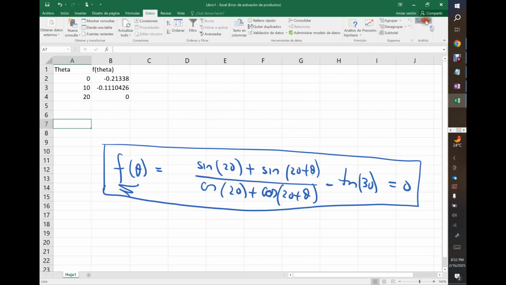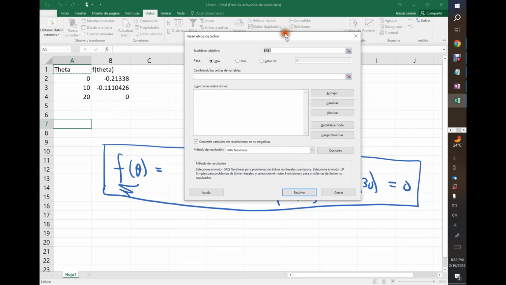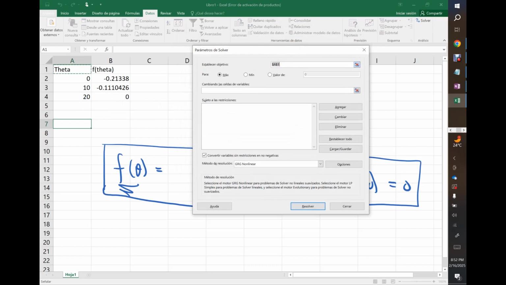So let's call up Solver here, and what I need to do is set my objective. My objective is to take this equation here, and we want a value of 0, by changing this cell. I'm going to take this out, not that it's required for this problem, because I know that the answer is a positive number, but sometimes you don't know the answer, so you want to take that out.